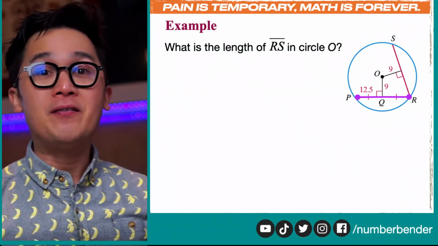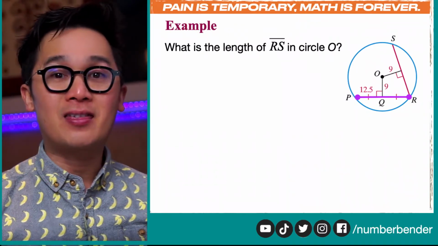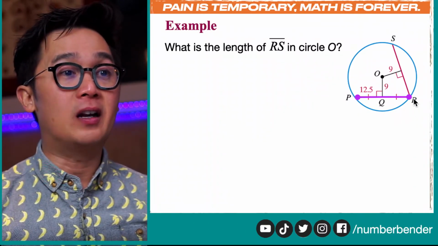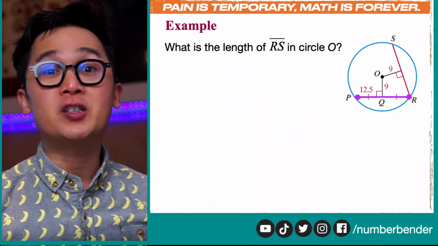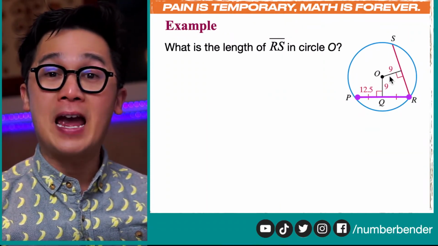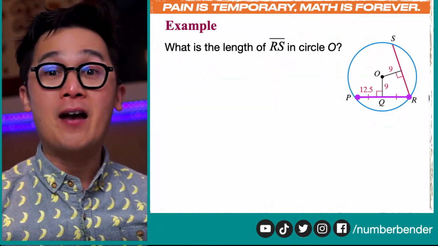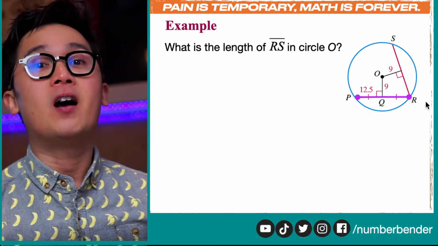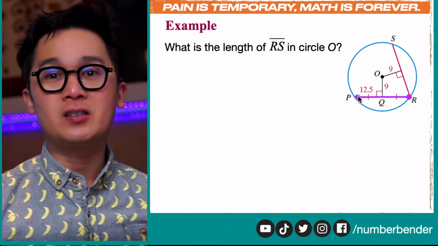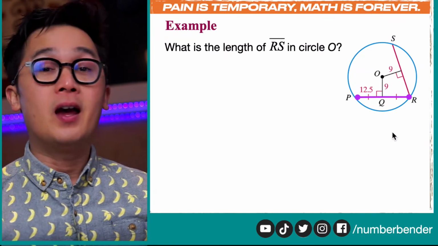So let's use some of those theorems to answer some problems involving circles. So let's say we have circle O, and in circle O, we need to measure the length of line segment RS. So this is our line segment RS, and the information that we have is chords that are equidistant from the center because they have the same length and they form a 90-degree angle. And we also have some of the measurements of line segment PR, and those line segments are PQ and QR that make up PR in our diagram.